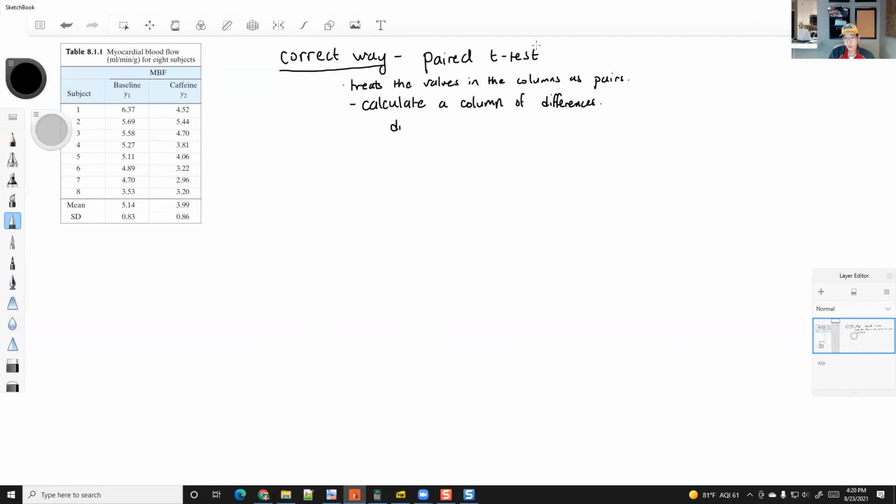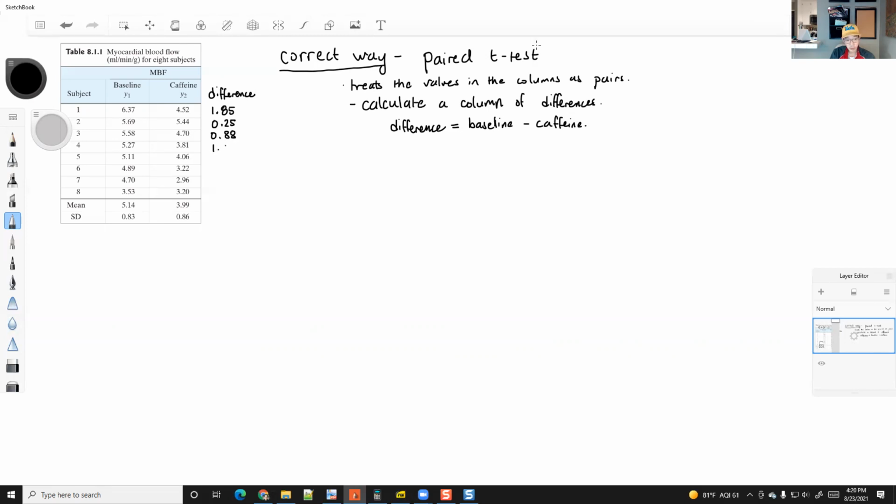We will say the difference will be baseline minus caffeine. I've computed all of these numbers. If you do 6.37 minus 4.52, you will get 1.85. And then going down the column, these are the differences for each one.